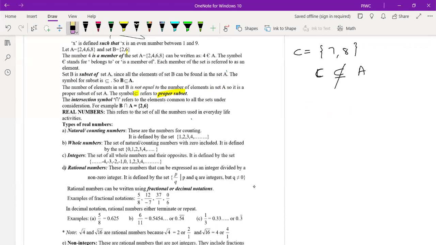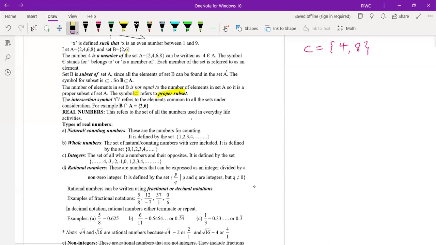Let's look at another example. Let's call this set C, made up of 4 and 8. Now 4 and 8, I can identify the same elements in set A. You have 4 and 8 here, right? Which means that C is a subset of A, all right?